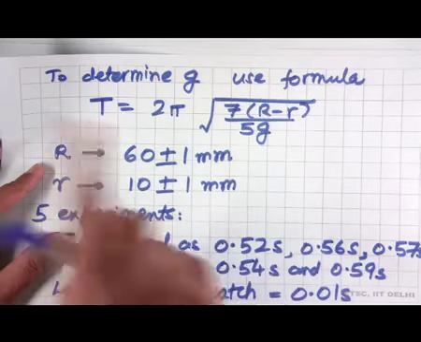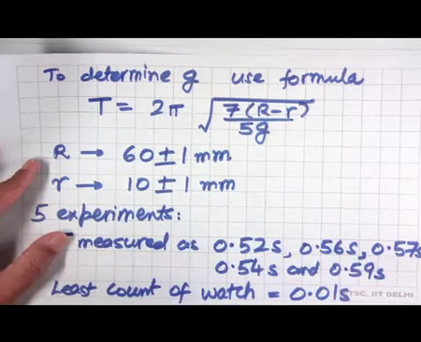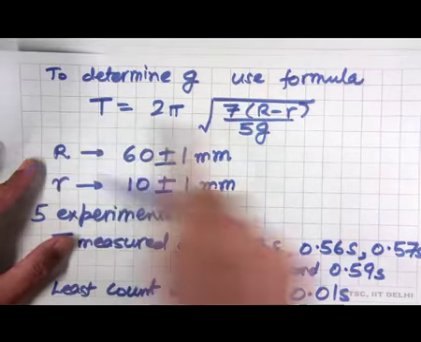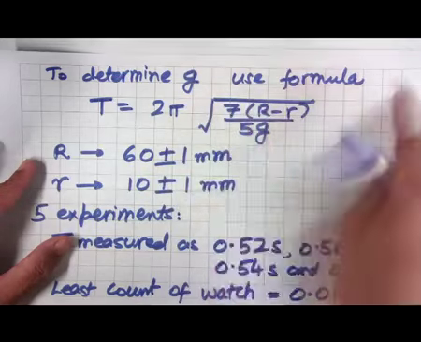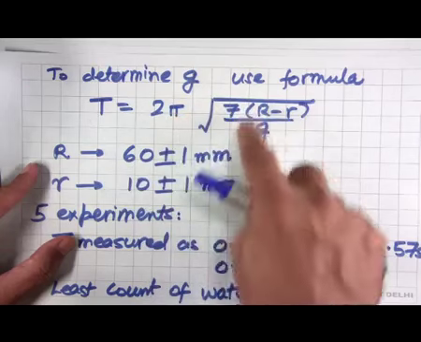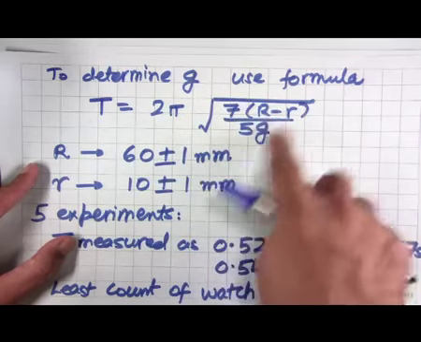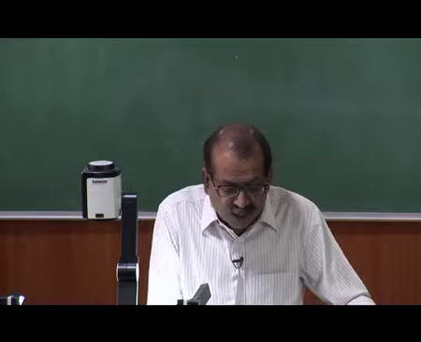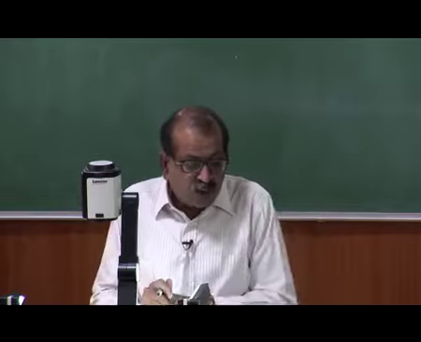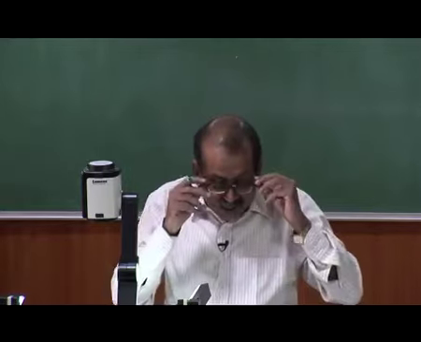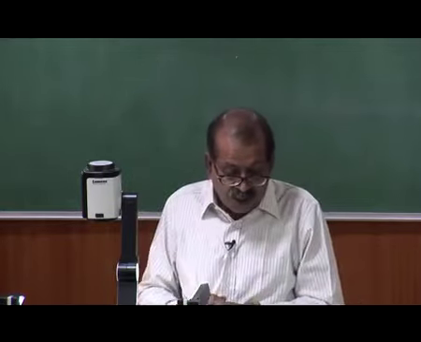One of the ways to ensure this formula is correct is that the left hand side dimension, which is the dimension of T, must be equal to the dimension of the right hand side, where we have constants which are dimensionless like 2 pi, 7 and 5, but then we have r minus r by g. So, dimensionally both sides have to be consistent, and this dimensional consistency of equations is what gives us also how dimensional analysis can be used to predict some formulas.